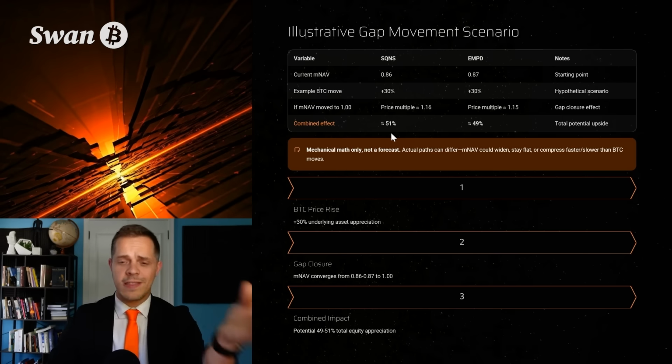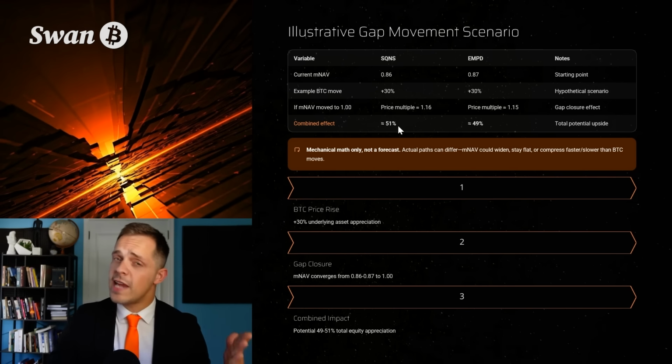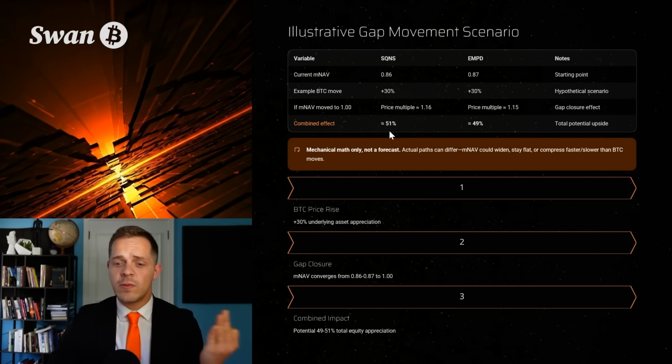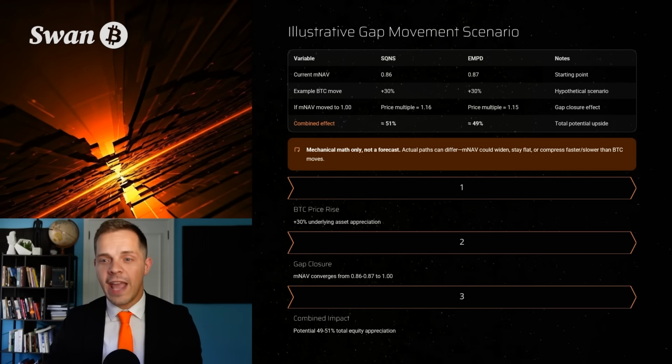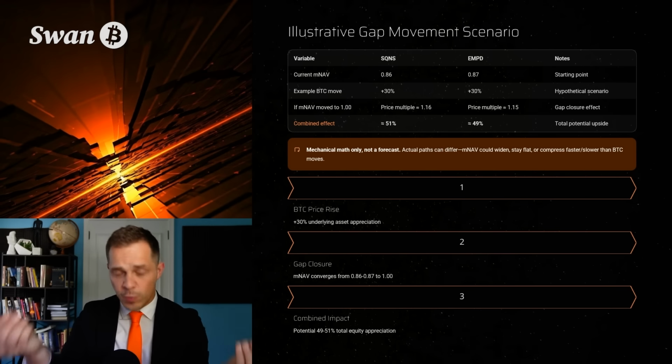So hypothetically, the combined effect on that NAV gap closure, we would take 1 plus 30% times 1.16, the price multiple, minus 1, and that would equal a 51% move. Using the same equation for EMPD, that would imply a 49% move in the equity. Again, this is not a forecast, it is just an example of how price and the ratio interplay mechanically.